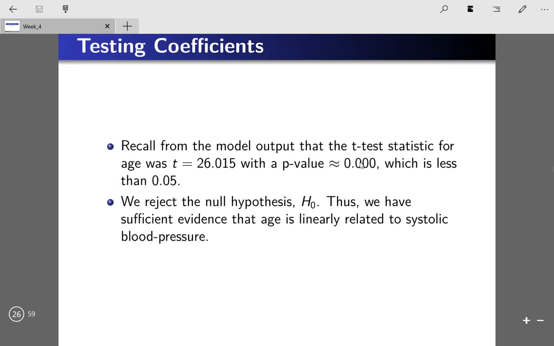So we have a p-value of about 0, a T-test statistic of 26.015, and since the p-value is less than 0.05, we reject the null hypothesis. Interpreting that in the context of the problem, we have sufficient evidence that age is linearly related to systolic blood pressure in millimeters of mercury. That's how we interpret the result from this hypothesis test.